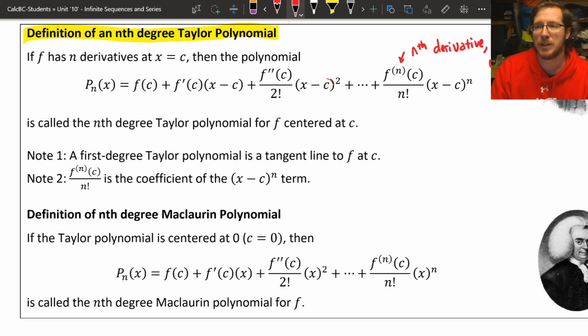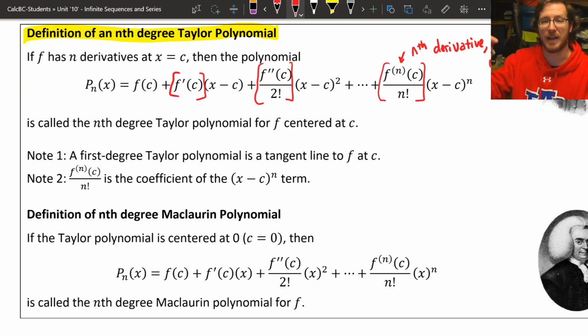So note that this part here, and this part here are all just coefficients of that x minus c to the nth power term.